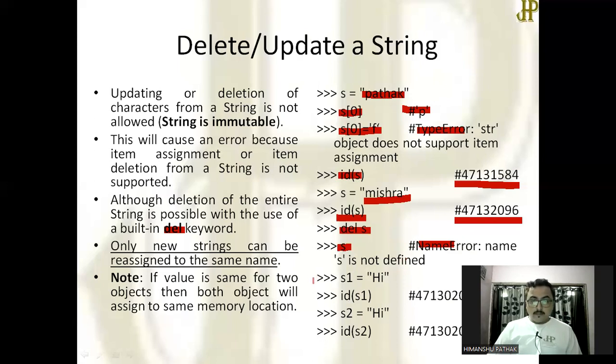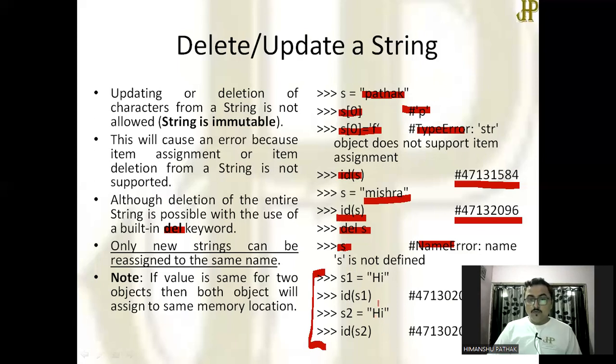Here is extra information given to you by me: if the same value is given to two names, here s1 is equal to hi and s2 is equal to again hi, then Python will never allocate two memory locations for the same value.